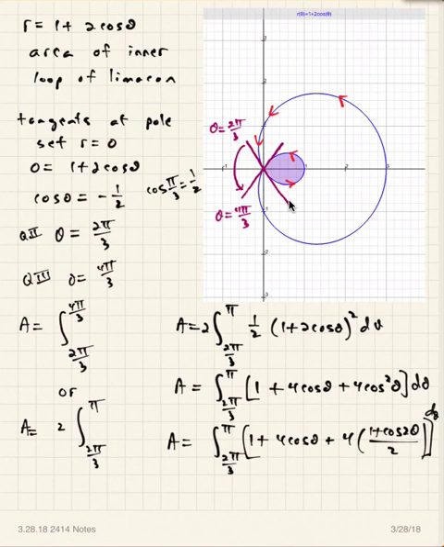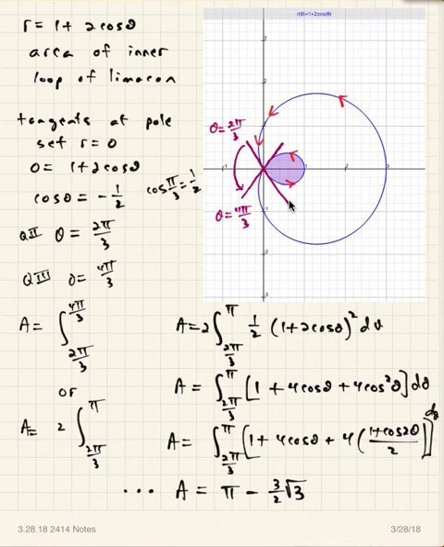And rather than going through all the horrid algebra there, I'm going to do one of my dot, dot, dot tricks here again. So in other words, fill in the details right here, and you get that the area is going to be pi minus 3/2 times the square root of 3. That's the area of that. And so I would want you to fill in the gaps there and see if you can actually find that area like that.